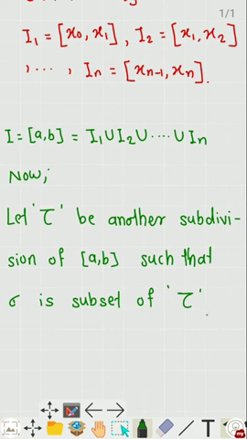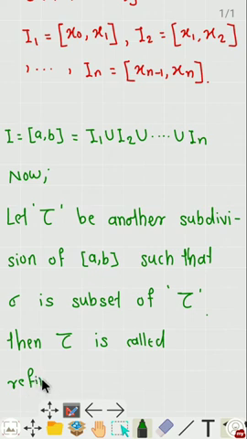Then tau is called a refinement of sigma.